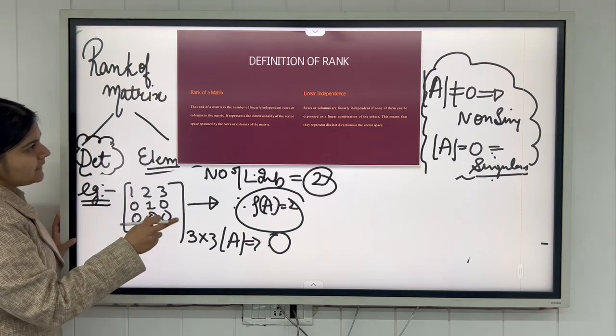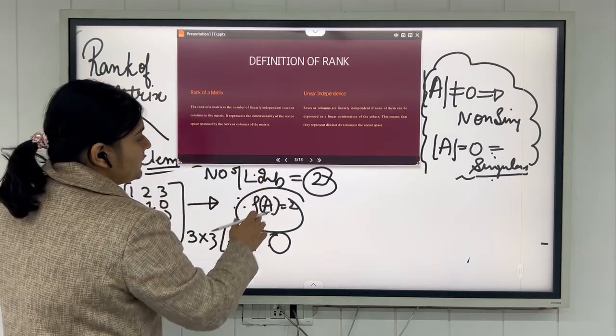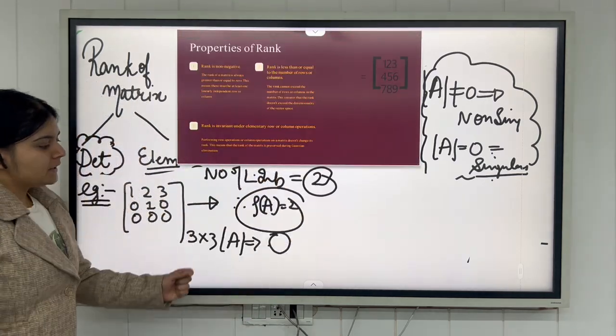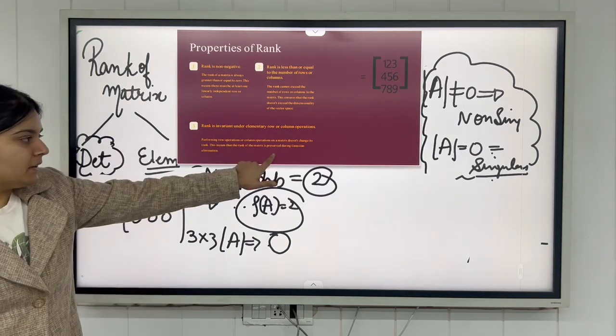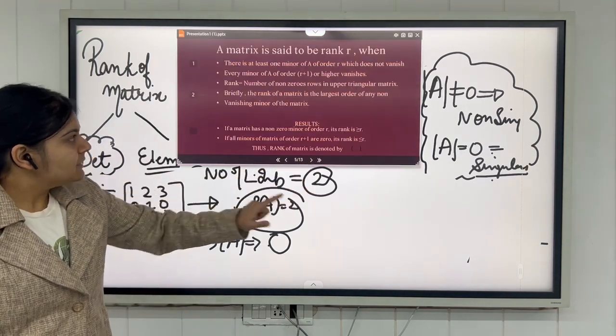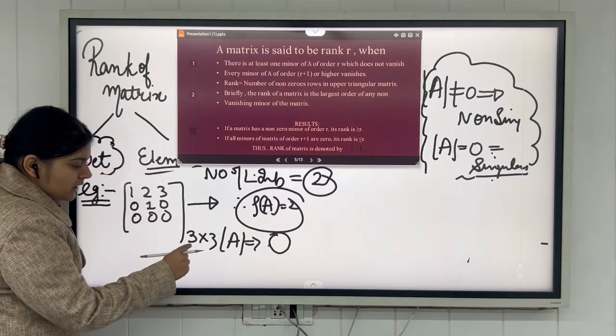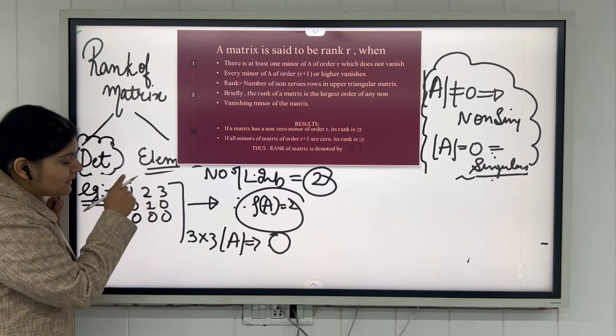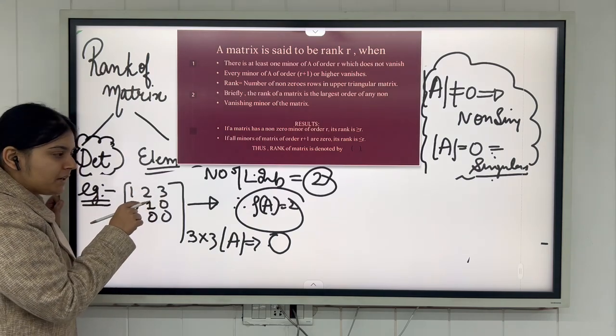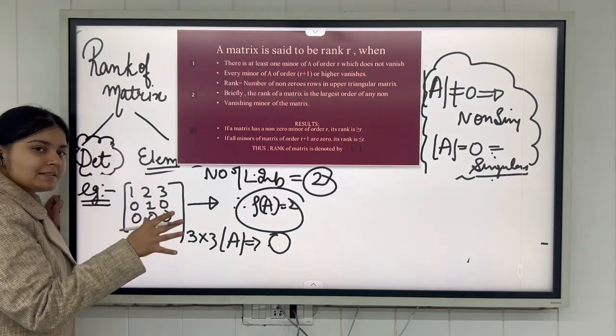Now, this says that for the rank of a matrix, if the value of the determinant comes out to be 0, then you check another minor. If the 3 cross 3 matrix gives a determinant of 0, you choose a sub-matrix from that matrix, but its order should be less than 3.